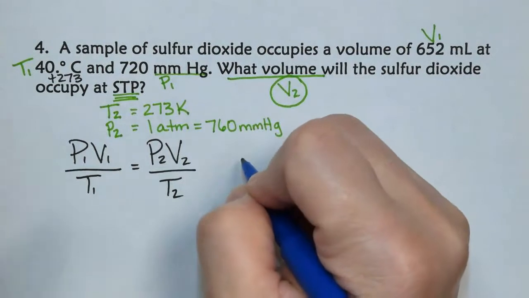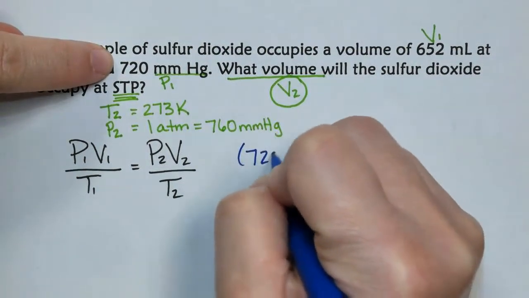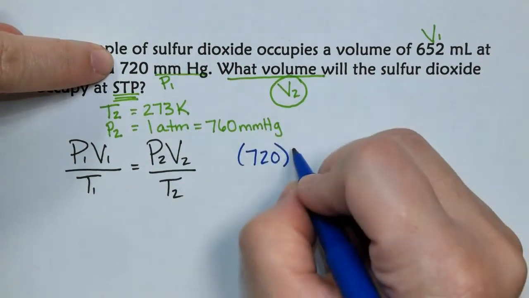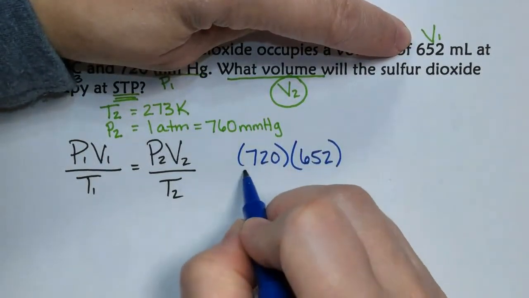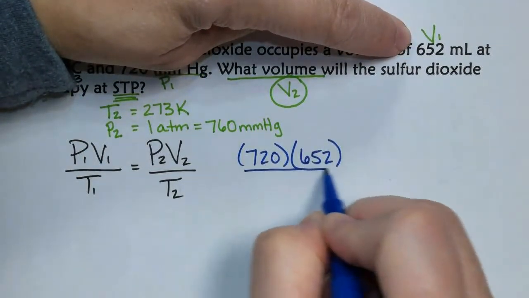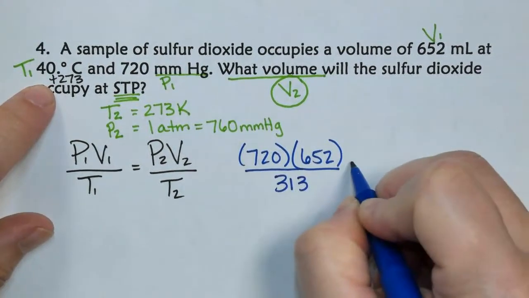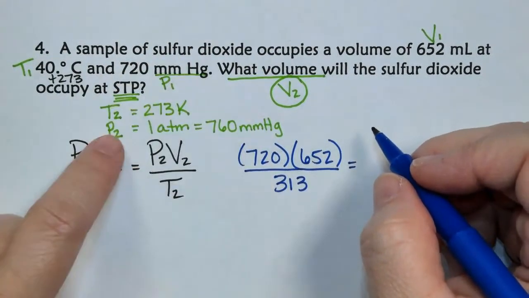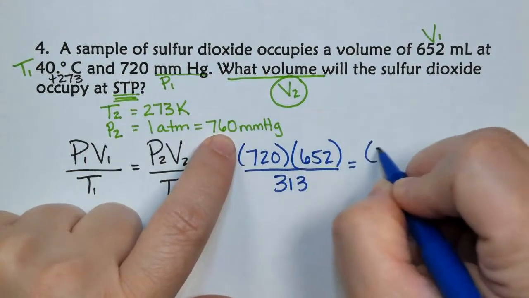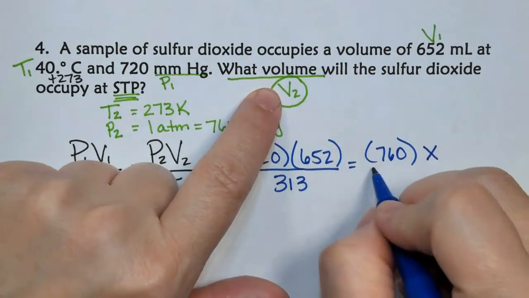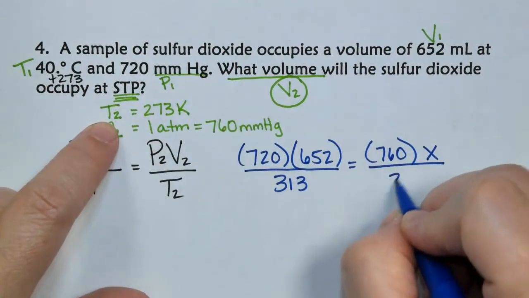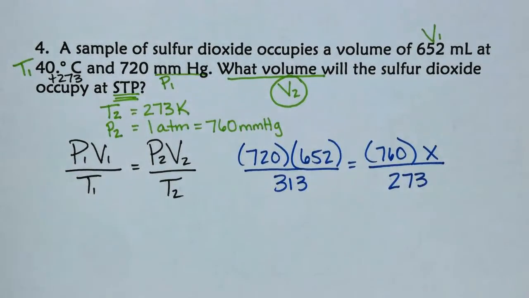Okay, so that one was a bit challenging to label everything, but now we can just plug in our numbers. So we're going to have 720 millimeters of mercury times my volume, 652 milliliters, divided by, I'm going to add 40 plus 273 to get my T1 of 313, equals P2 is 760 millimeters of mercury. I don't know V2 over, and my T2 is 273. So once I have all of that plugged in, now I can solve.